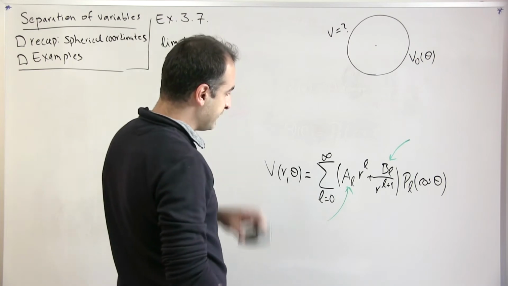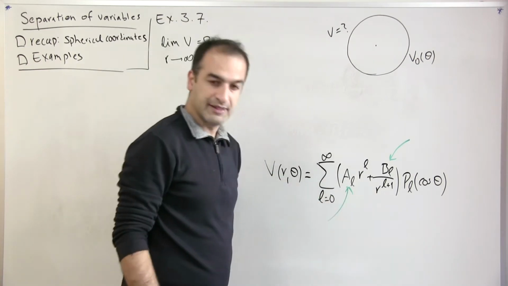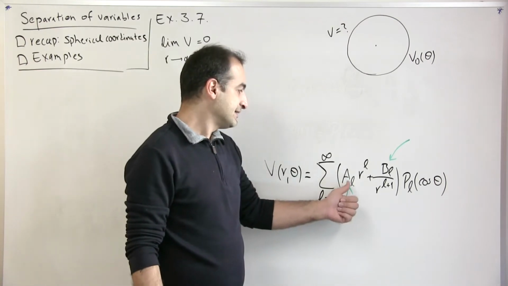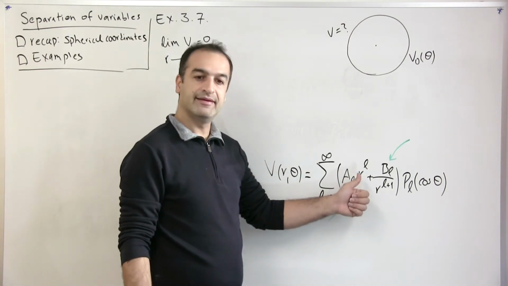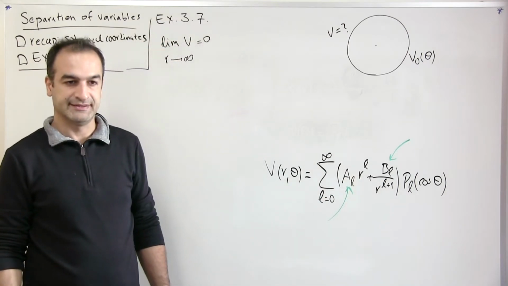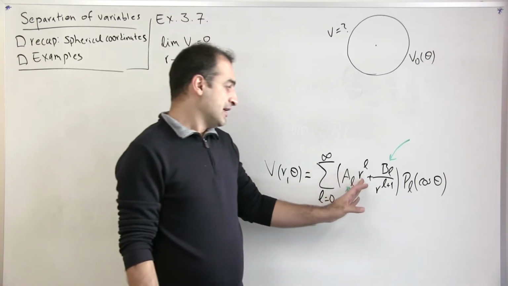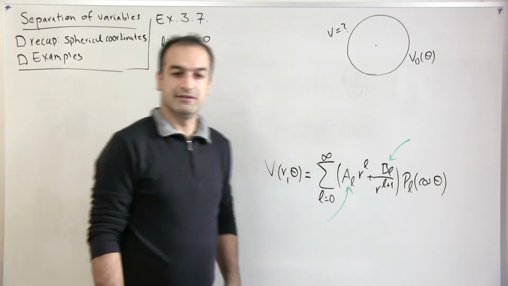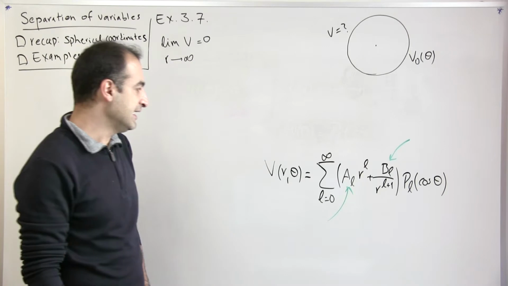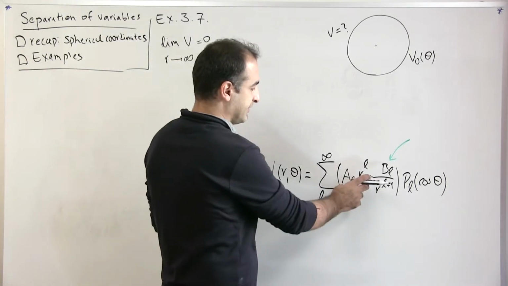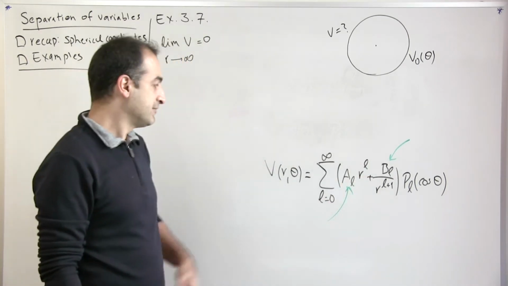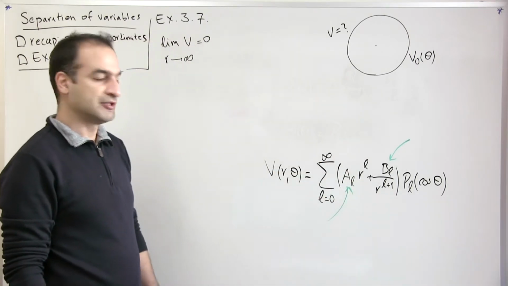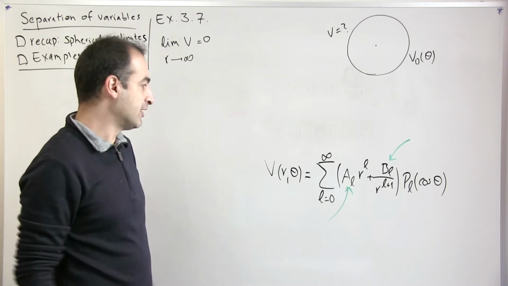Now if you look at this general solution, the first term is A_L times R to the power of L. L is either 0 or infinity. So if R goes to infinity, the first term is not going to vanish. Because of that, we're going to drop all the A_L values that create infinitely large potential when R goes to infinity.